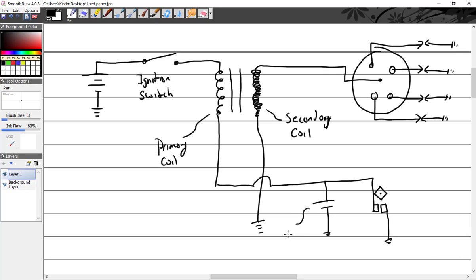We have a capacitor, or what's it called here? A condenser. Then breaker points and a little cam. This up here is the whole distributor system.